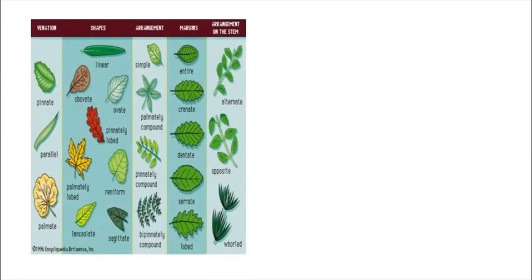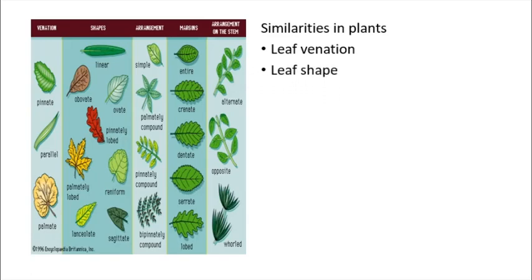Speaking of plants, they may have similar characters too, like leaf venation, leaf shape, or leaf petiole, etc. This indicates that these groups have similarities and have originated from a common ancestor.